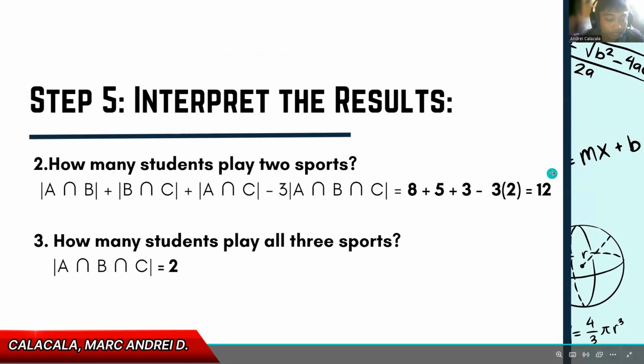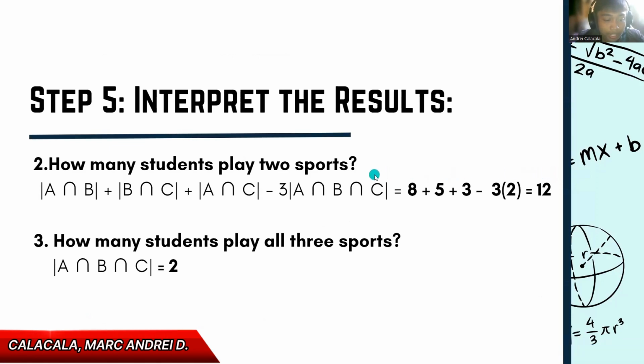So moving on, we have the sum of the cardinalities of the intersections of sets A and B, B and C, and A and C, minus 3 times the cardinality of the intersection of sets A, B, and C, is equal to the result of evaluating the numerical values of A. This was from the intersection A and B, 5 from the intersection B and C, and 3 from the intersection A and C. So we are going to have this final answer here.